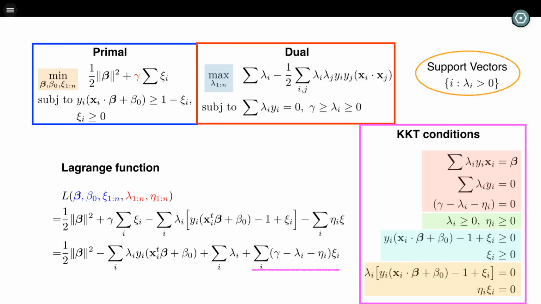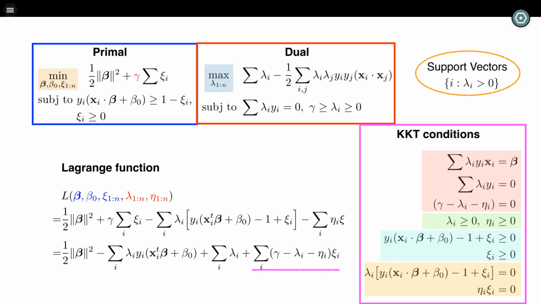Okay, so what are the KKT conditions? There are 3 groups, well, actually 4 groups. You can see the color on this slide. We have our Lagrange function. Take the derivative with respect to each of the blue variables and set it to 0. When you take the derivative with respect to beta, you get the same result, and also with beta 0, you get the same result as what we got for the hard margin problem, because the expression is the same. So you get your first 2 equations.